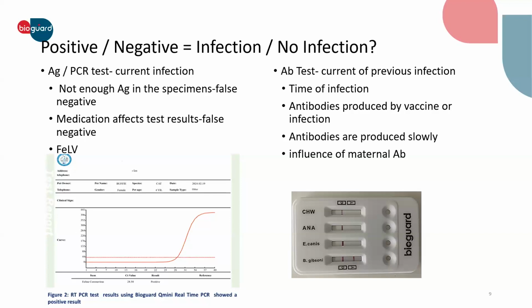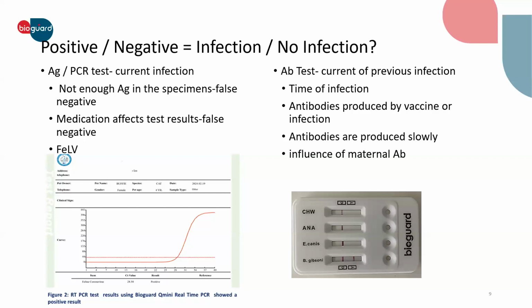Like FeLV infection: it detects the P27 protein from the FeLV. However, P27 protein can only be detected about 1 month after the cat is exposed to or infected with the FeLV virus. Before that, there's not enough P27 to be detected.